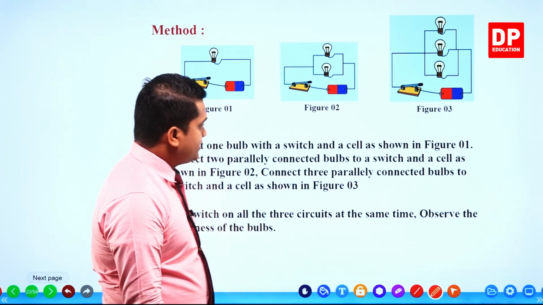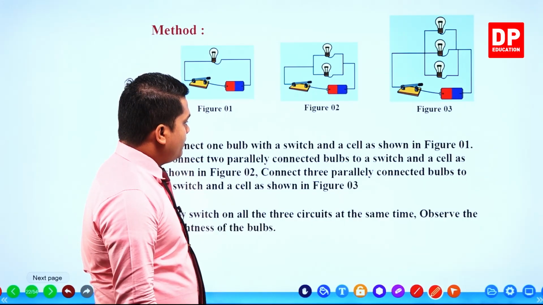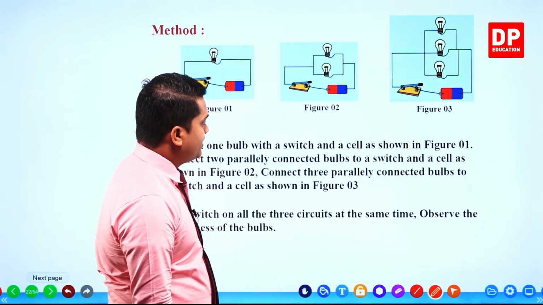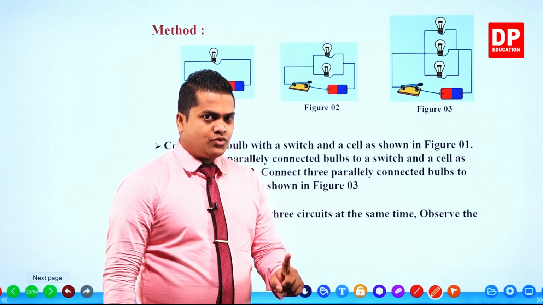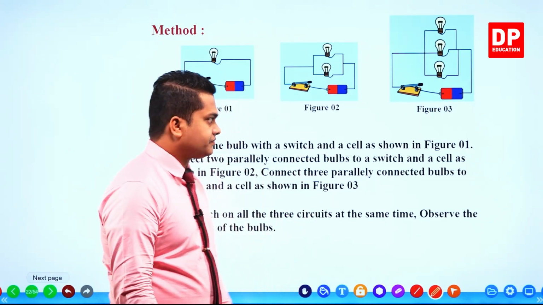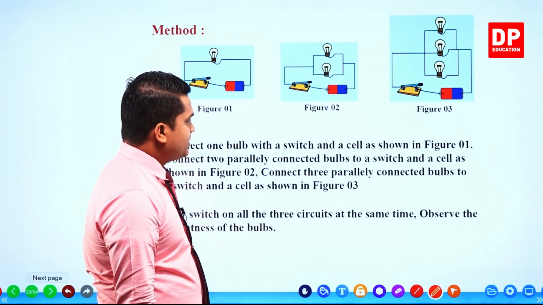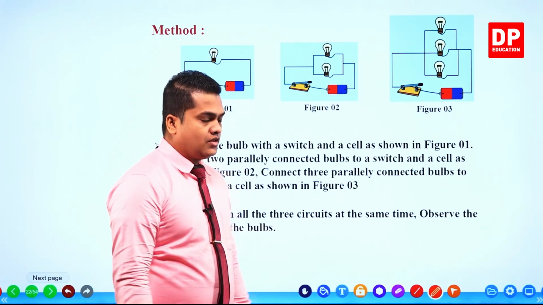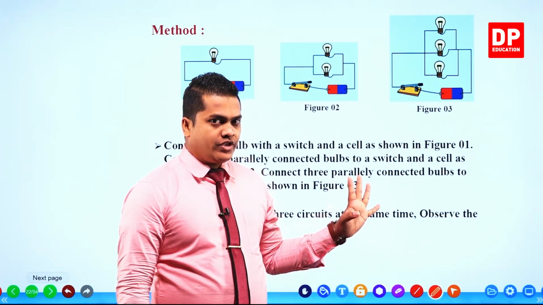So my dear children, let's see what our method is in doing this activity. Connect one bulb with a switch and a cell as shown in figure 1. According to figure 1, one bulb, one switch, one cell. Connect two parallelly connected bulbs to a switch and a cell as shown in figure 2. Two bulbs, just one cell with one switch.